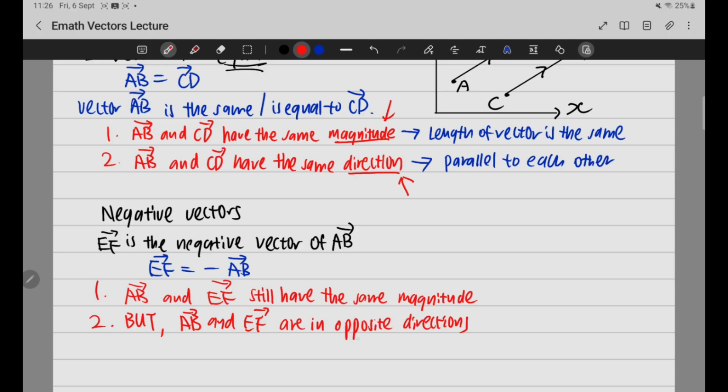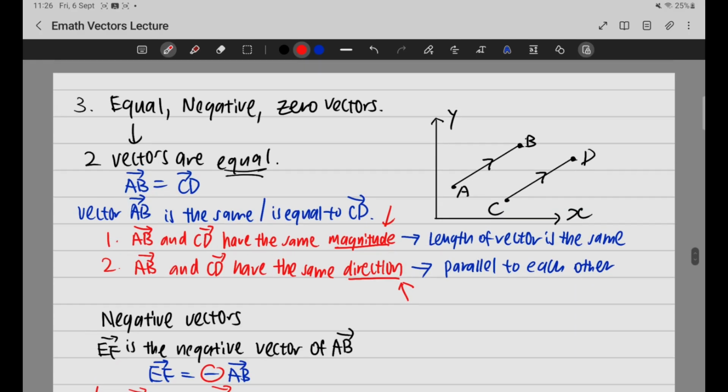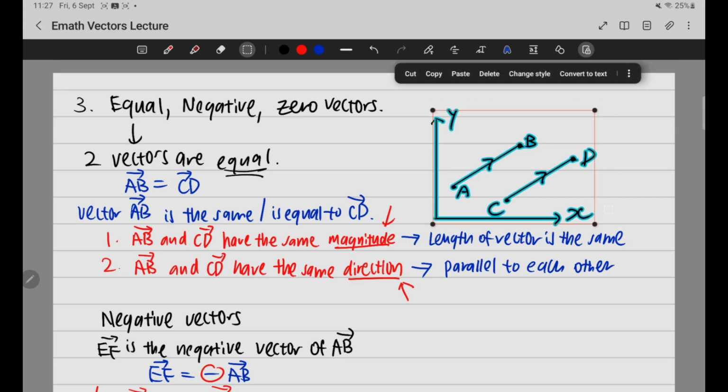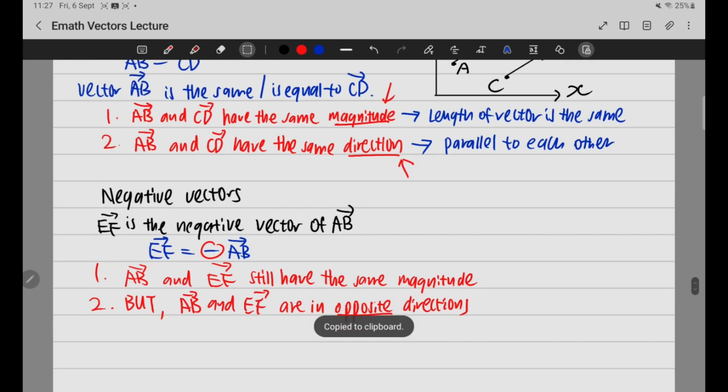So in vectors, whenever you add a negative sign in front of a vector, the entire direction of the vector flips. So I'm just going to reference this drawing over here. I'm going to paste it here.